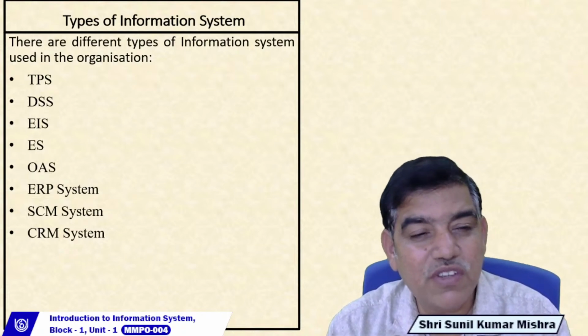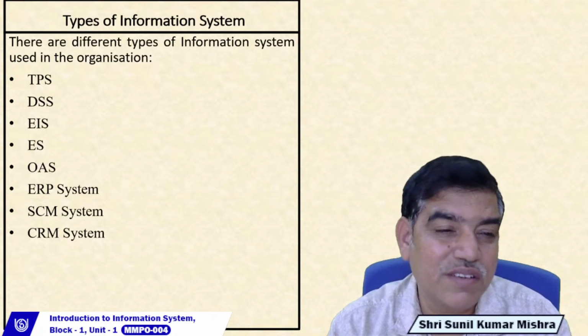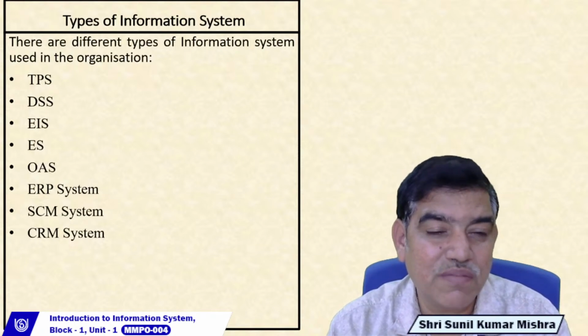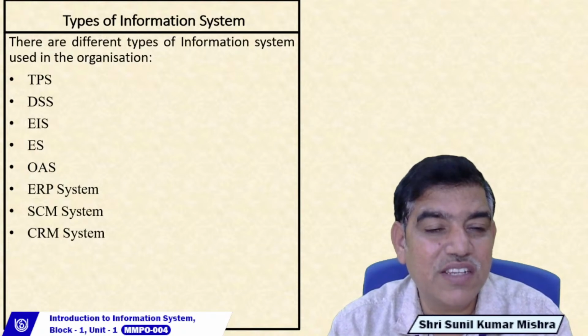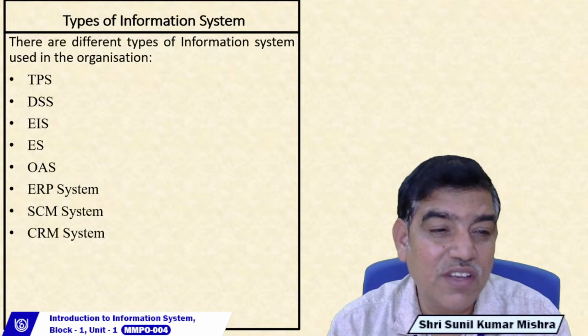One more information system is popular nowadays. It is called the ERP system. ERP stands for Enterprise Resource Planning. An Enterprise Resource Planning system is an information system.